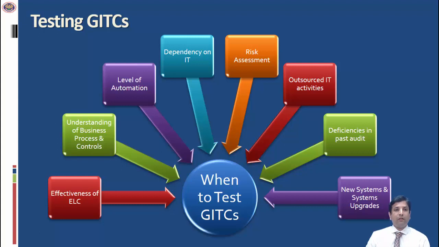On the other hand, if we tend to test ITGCs late in the day or towards the year end, then it is likely that there may not be sufficient time to remediate deficiencies and retest the remediated controls. We will look in more detail at the impact of deficiencies which come up in ITGCs later in this session.